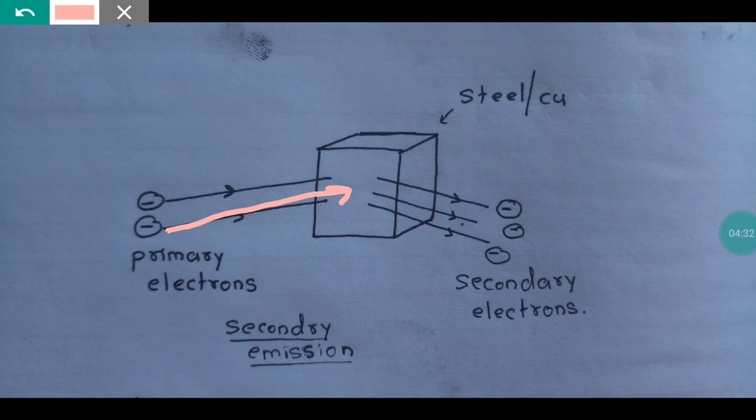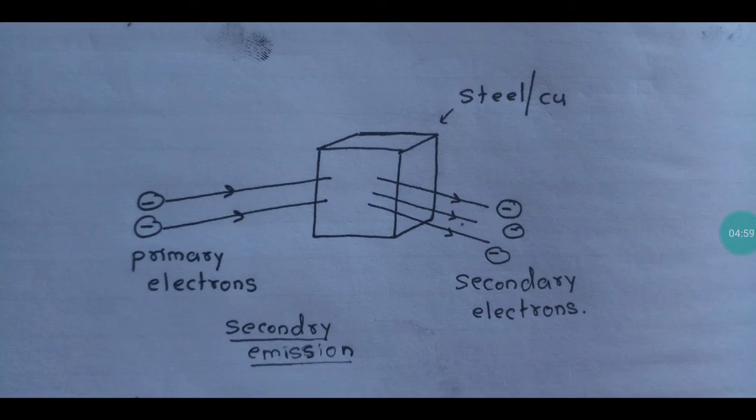They will knock out some of the free electrons from inside this metal, and these electrons will go out like this. The law followed here is the simple law of reflection: angle of incidence equals angle of reflection. The electrons emitted by this method are known as secondary electrons.